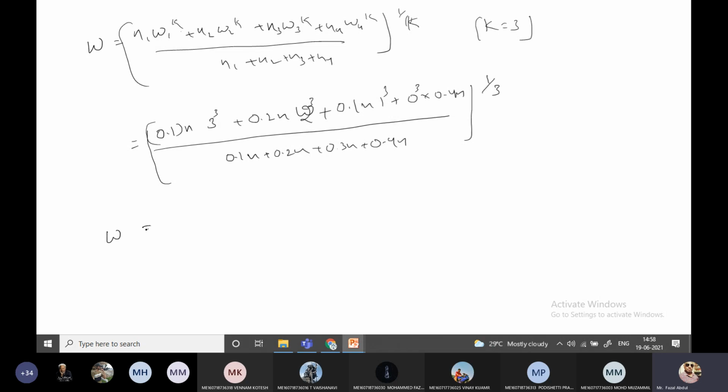So here N gets cancelled. Okay, now tell me the equivalent radial load value. Everything is written on the screen. Just tell me the equivalent radial load value.